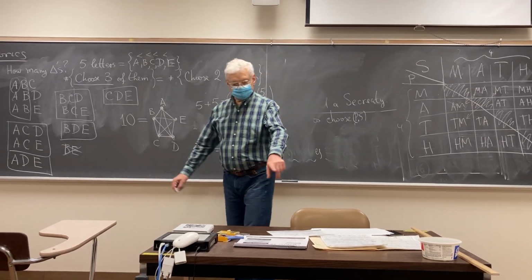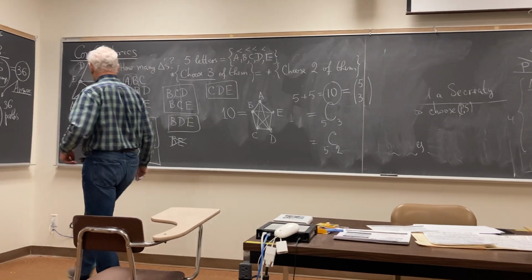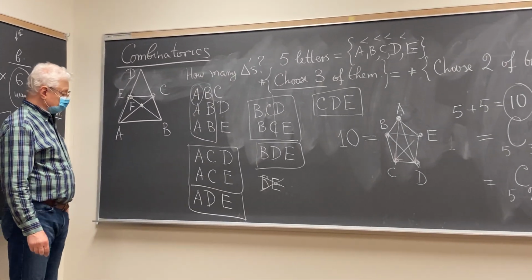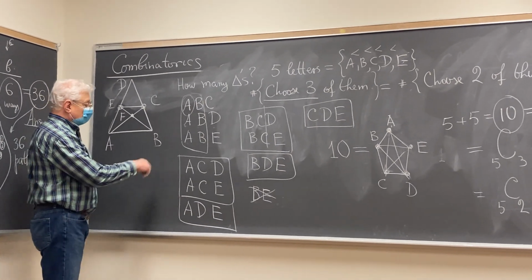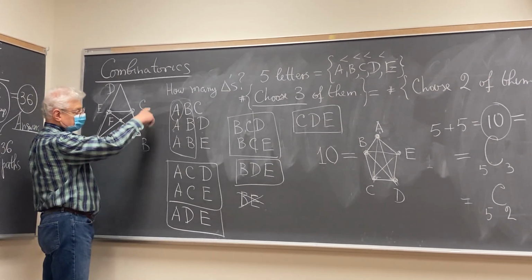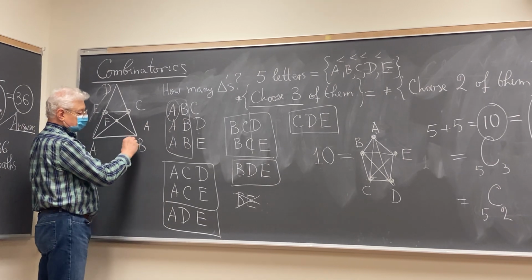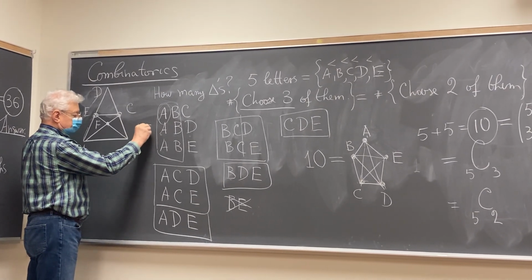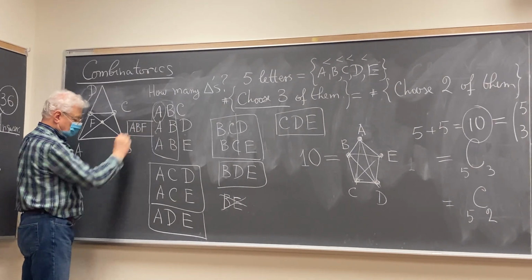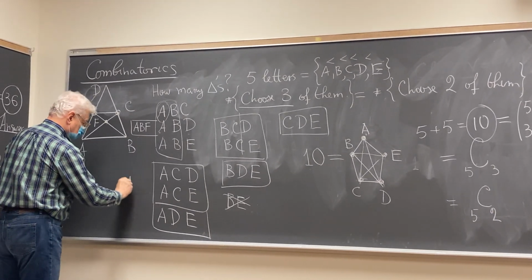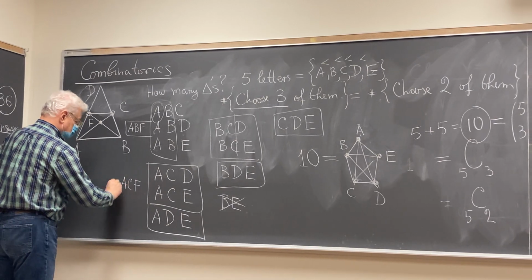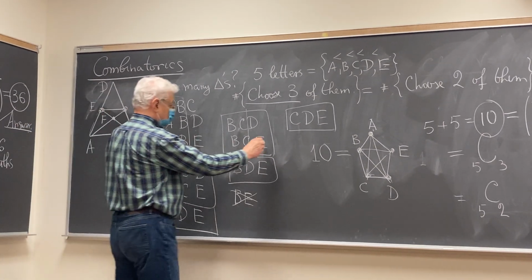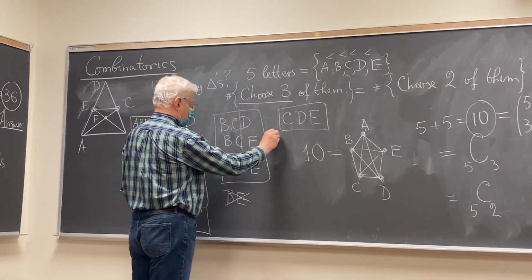Okay, now let's continue solving the problem. Now we involve letter F. What you have to do? First of all, you have to add triangle to the group A, starting with AB. So it will be ABF. Now, next one is ACF. Okay, one more. Now here you have to add BCF.